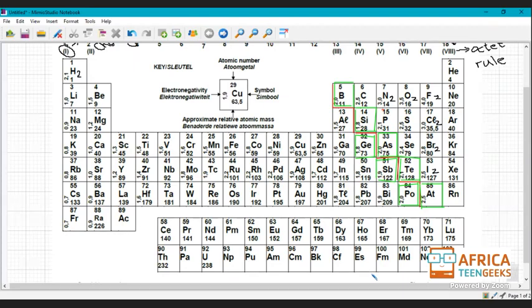So Ben asked, does it mean that noble gases' outermost shell is full, giving them no charge? Yes. Noble gases' outermost shell of valence electrons is full, which means there is no space for them to react with other atoms because there is no space for more electrons.